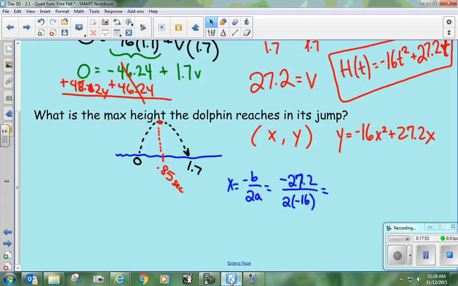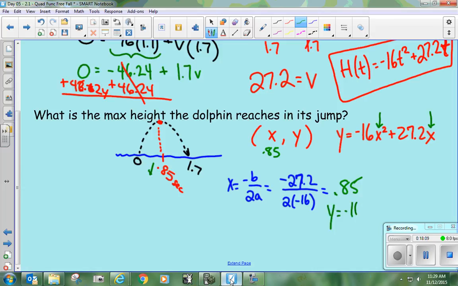So this is 0.85. That's correct? Good. And how do I figure out what the y is? I just put 0.85 into here and here. You guys tell me what that would be. So y equals negative 16 times 0.85 squared plus 27.2 times 0.85.